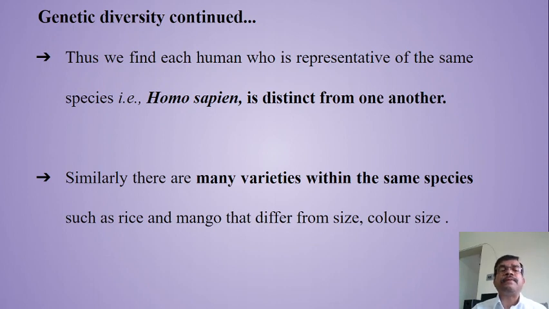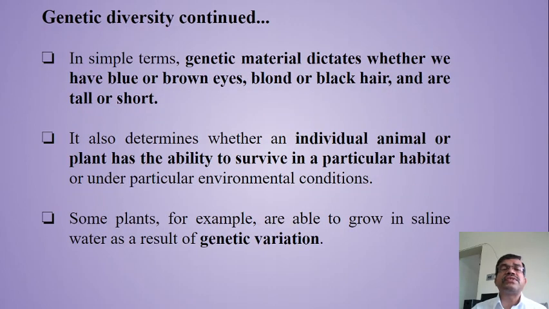If you take Homo sapiens, we find that each human being is different because of the difference in their genetic constitution. So these differences can be seen at the level of the eye color, or at the level of the character of the hair, or at the height of the human beings.